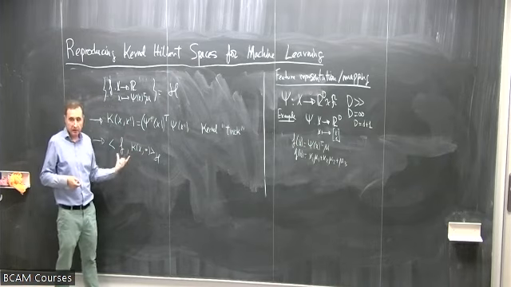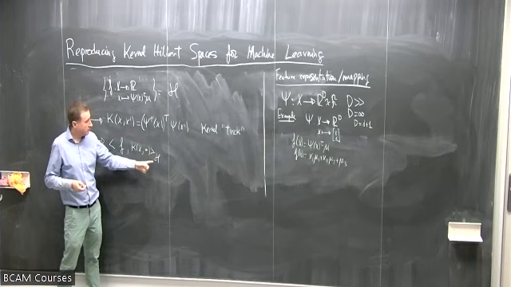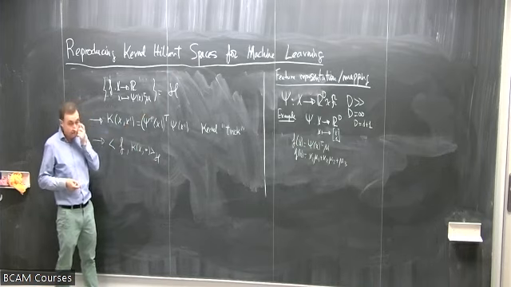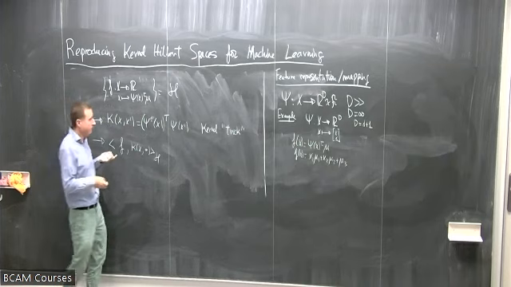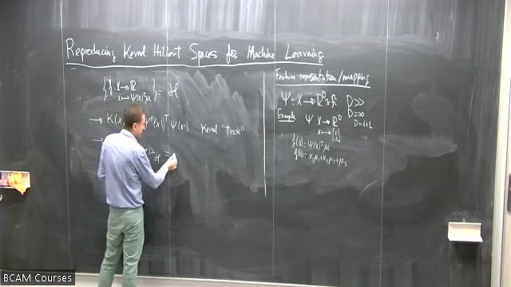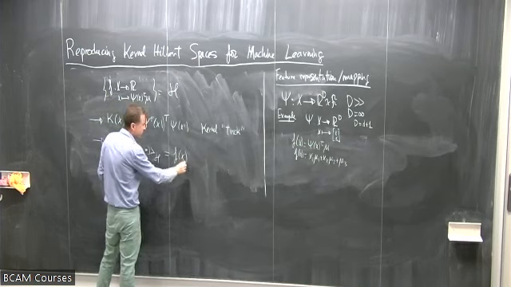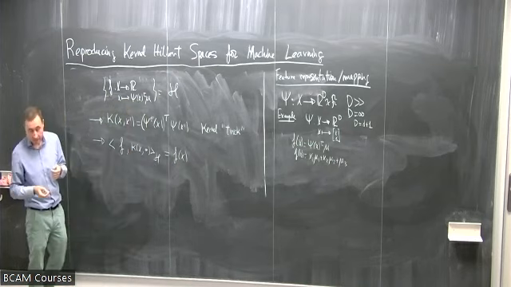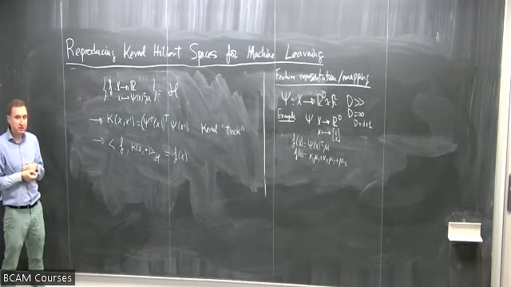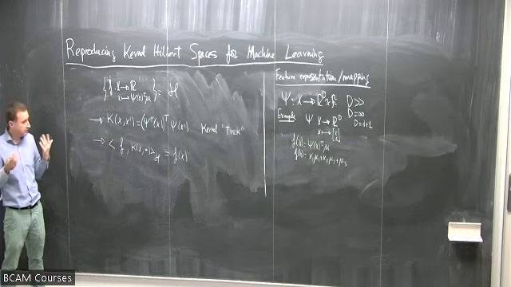And then if I do this inner product, the inner product in this Hilbert space, I end up with a number, and that number is indeed the value of f evaluated at x. The first time you see it, it's like, what?